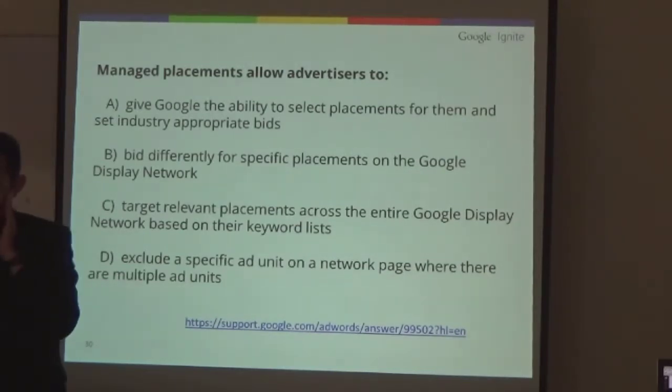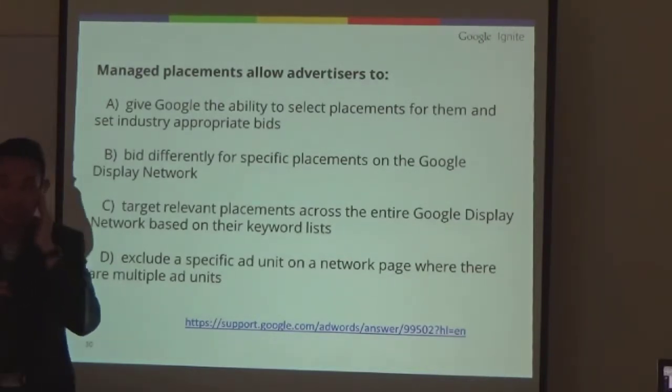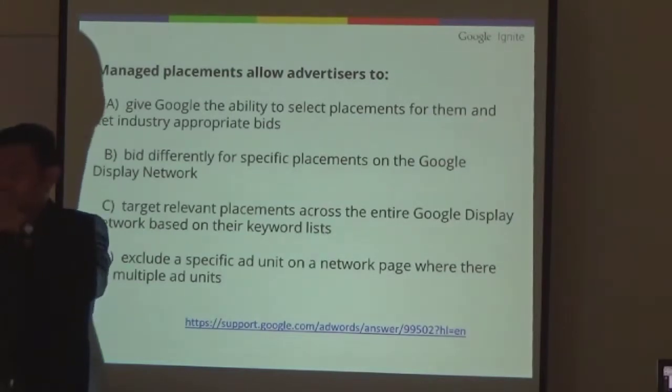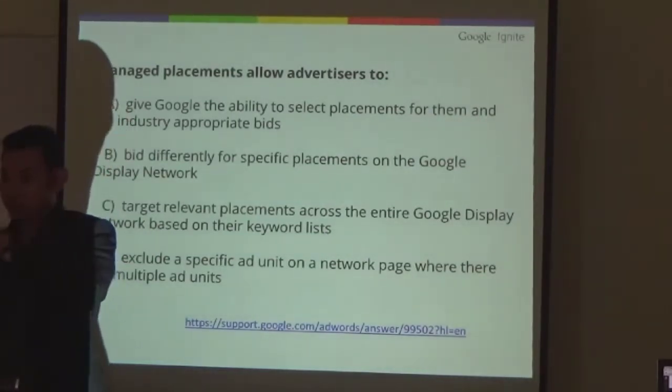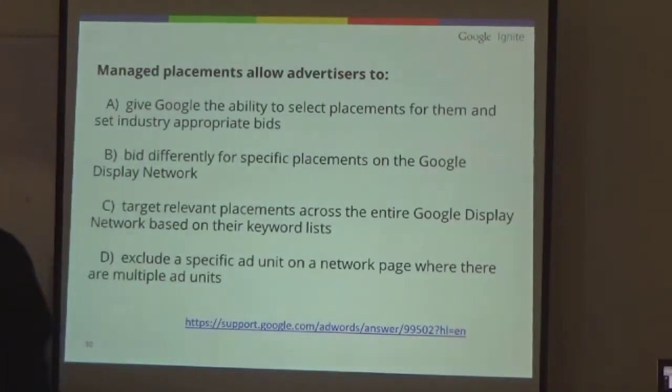False. Okay, how about B? Bid differently for specific placements on Google Display Network. True or false? Bid differently, meaning in different sites you might want to bid a different price due to your different objectives or the different landscape. How about C? Target relevant placement across the entire Google Display Network based on their keyword list.